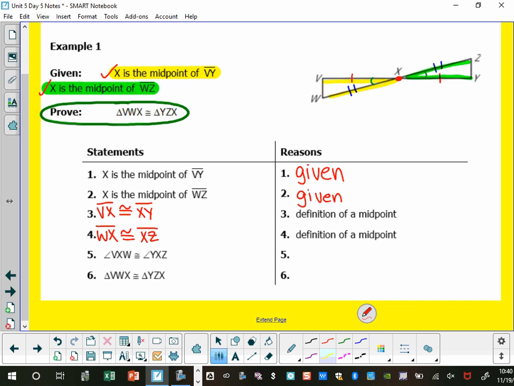What are those angles called that we just marked? Starts with a V. Vertical angles, yeah. These 2 angles are going to be congruent. I know that because X is the midpoint and they're both vertical angles. Are vertical angles congruent or equal to 180? They're congruent, right? That's what they want me to say. So we're going to say vertical angles.